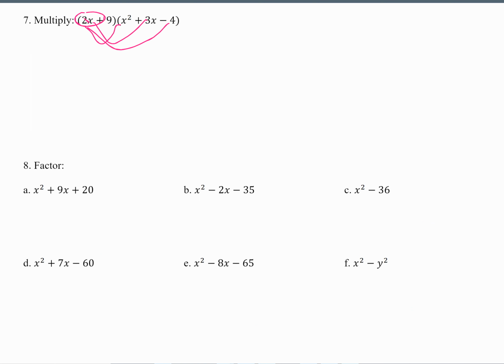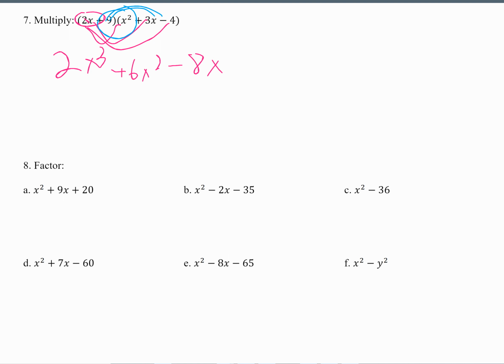You distribute that everywhere, so you get 2x cubed plus 6x squared minus 8x, and then for the 9, you've got 9x squared, 9 times 3, and 9 times 3x and 9 times negative 4.